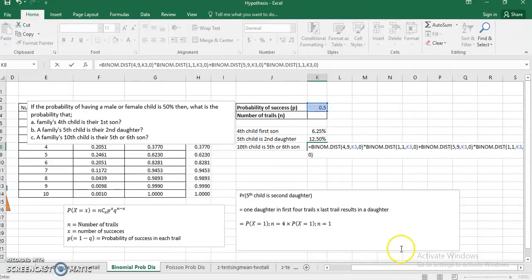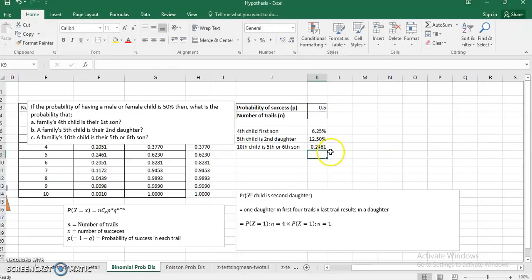So if you look at the formula, I have broken it into 2 parts. This part here explains the probability of getting the 10th child as the 5th son. This part is the probability of getting the 10th child as the 6th son. So the probability of the 5th son plus the probability of the 6th son will give you the combined probability of whether it's the 5th or 6th son.